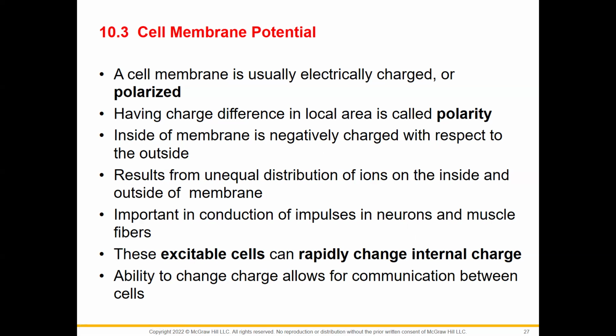Once the cell gets the signal that it needs to come on and do the thing, it can rapidly change that charge on the inside of the cell. So some of those ions can move outside, some can move inside. The ability to change the charge is what allows those cells to communicate with each other.